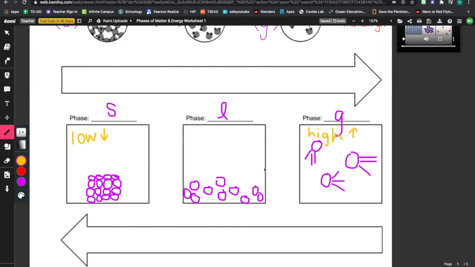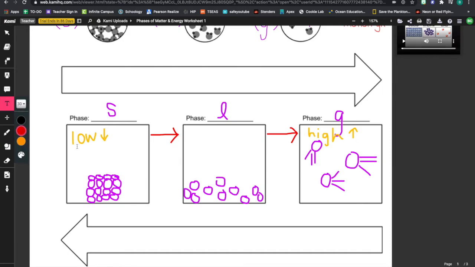All right, so if we are changing phases and we're moving from a solid to a liquid to a gas, we can see here that the kinetic energy is going to increase as we move from a solid to a liquid, and it's going to increase some more as we move from a liquid to a gas, hence this arrow up at the top.